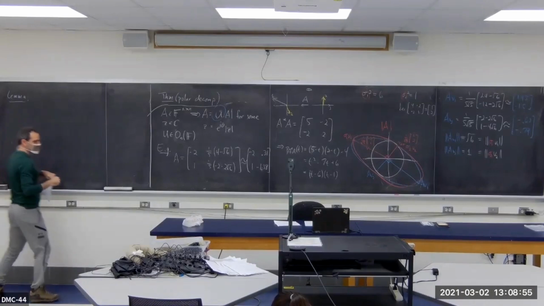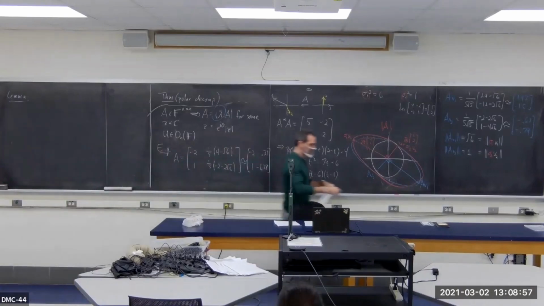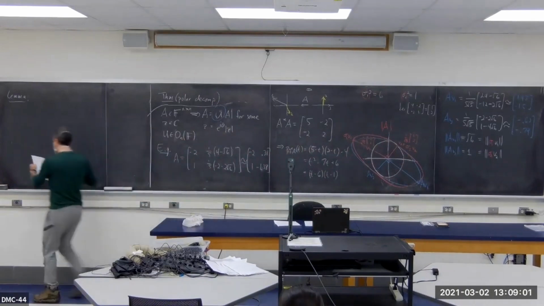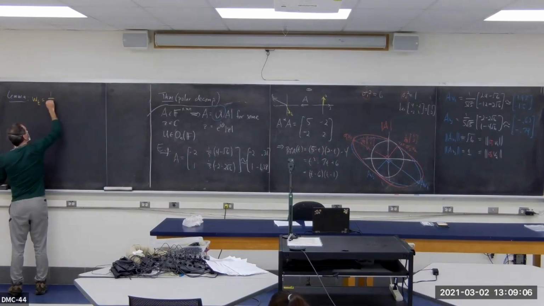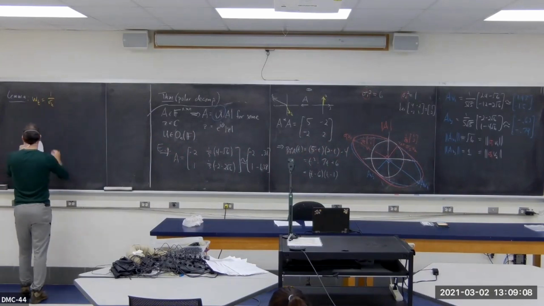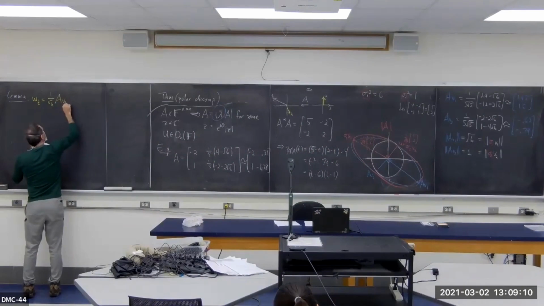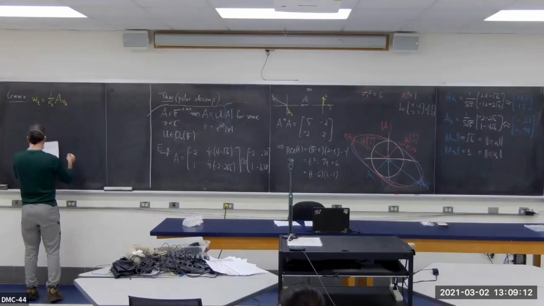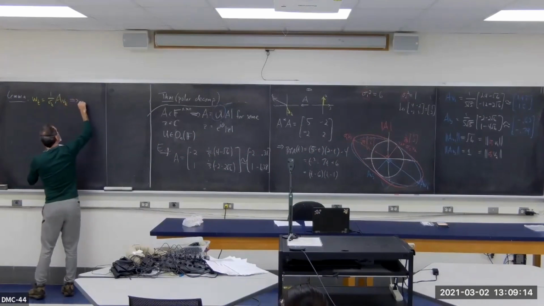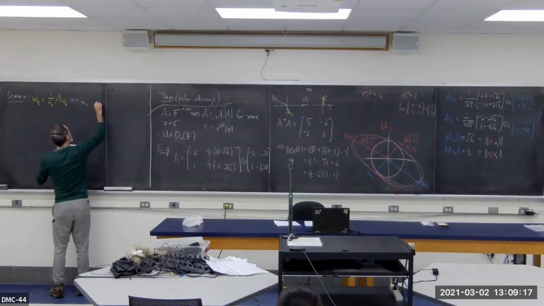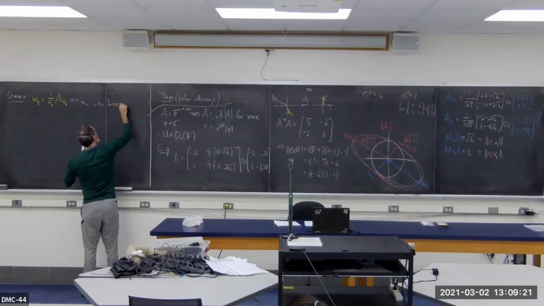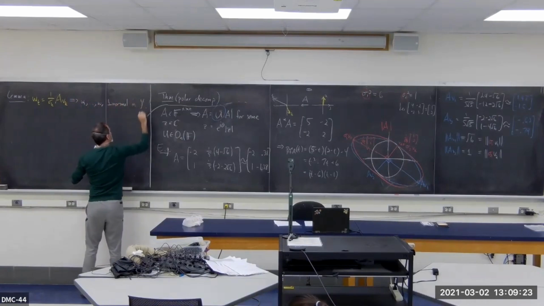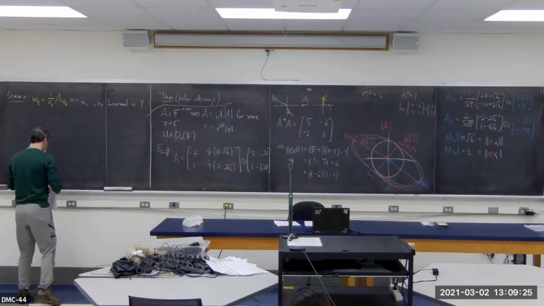So if I take w_k to be 1 over sigma_k times A v_k, then I claim that w_1 through w_r is orthonormal in capital Y, which remember is the target of our linear transformation.